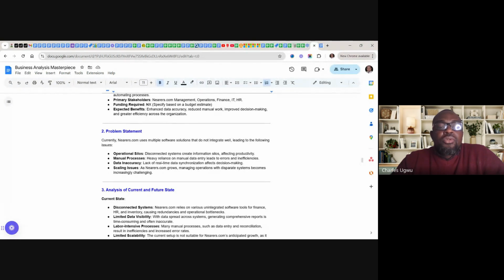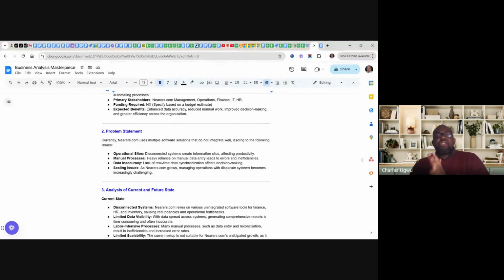Number two problem is manual process. Heavy reliance on manual data entry leads to error and inefficiency. Data inaccuracy: lack of real-time data synchronization affects decision making. Scaling issues: as neras.com grows, managing operations with disparate or disconnected systems becomes increasingly challenging.